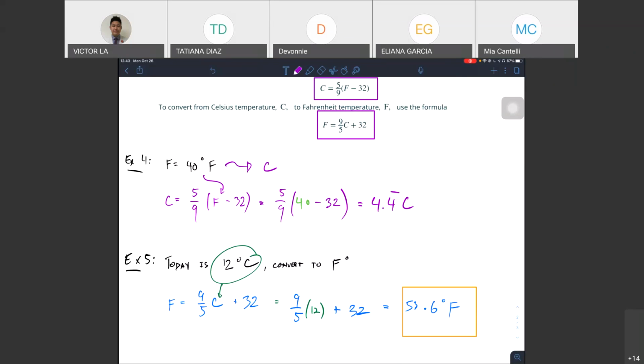The mnemonic device showing how it goes from kilo, hecto, deca, the unit, and then the deci. No, wait, I'm saying something wrong. Deci. Oh, that's right. Deci, centi, and then milli, and then you can just go from there. That's good. Okay. What questions do we have here, if any?